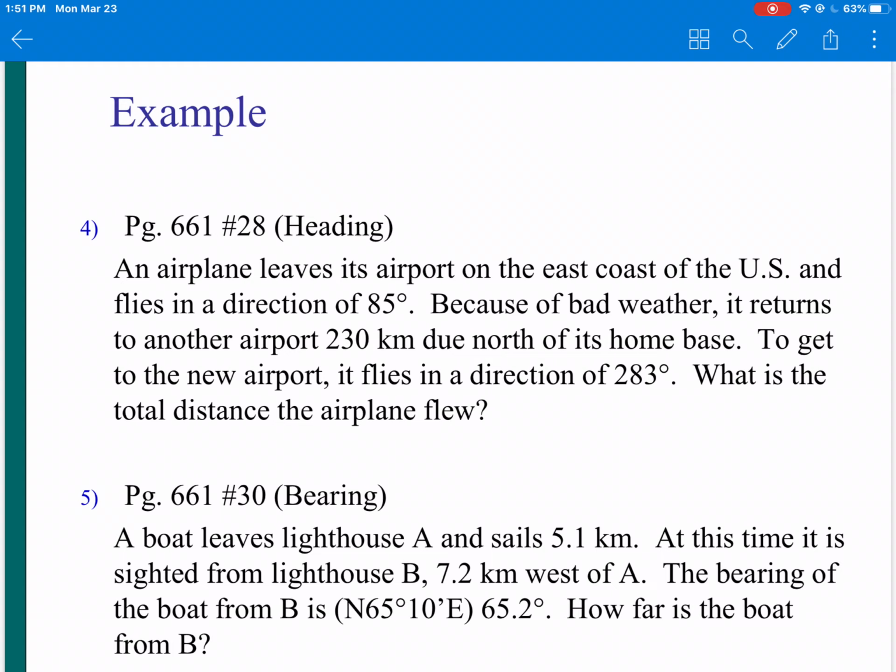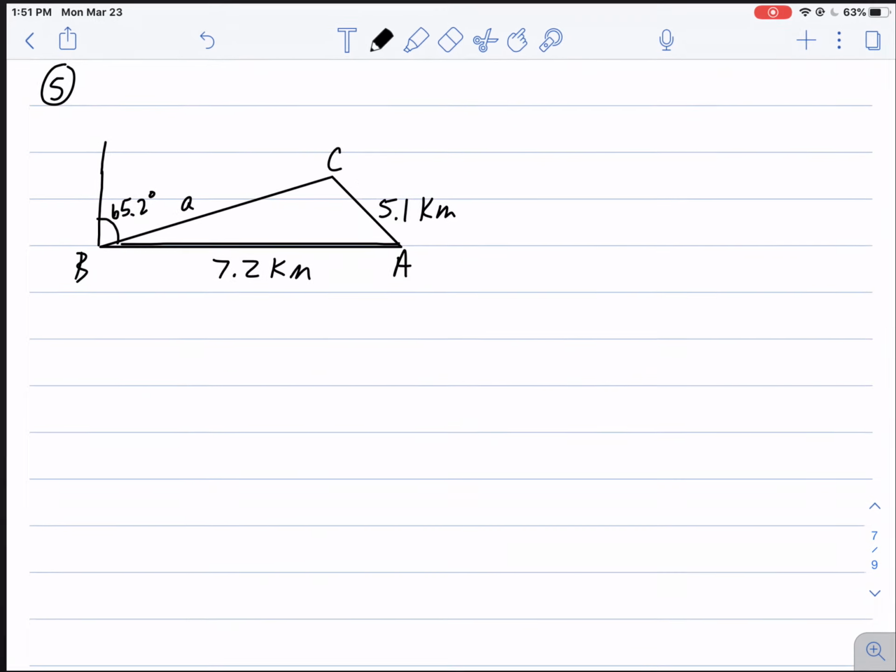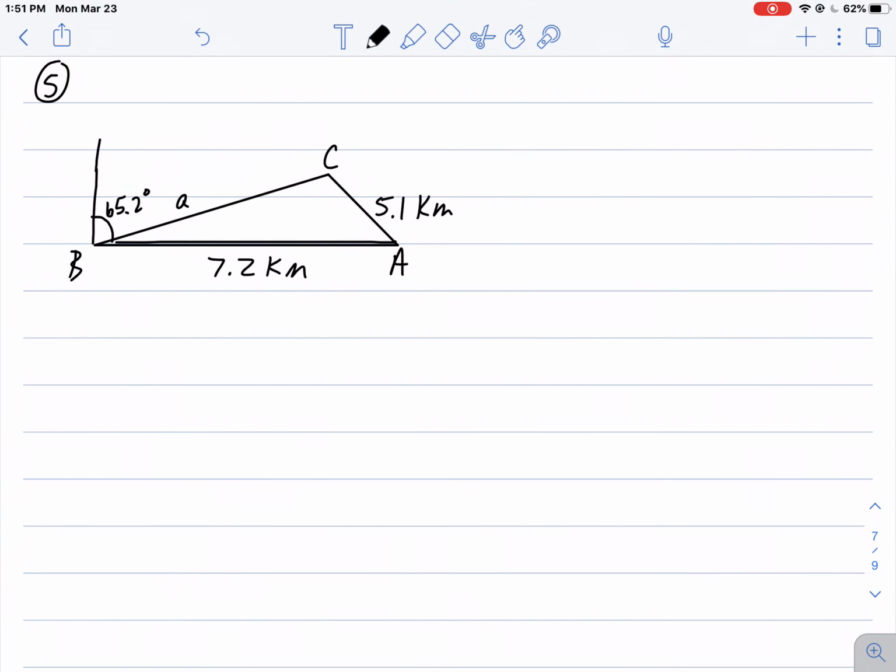Now, we are given a bearing from Lighthouse B. We're told that the boat was sighted from Lighthouse B on a bearing of north 65.2 degrees east. That was that other type of bearing that we had. So we start from Lighthouse B, we measure north, and then 65.2 degrees east of that north-south line.